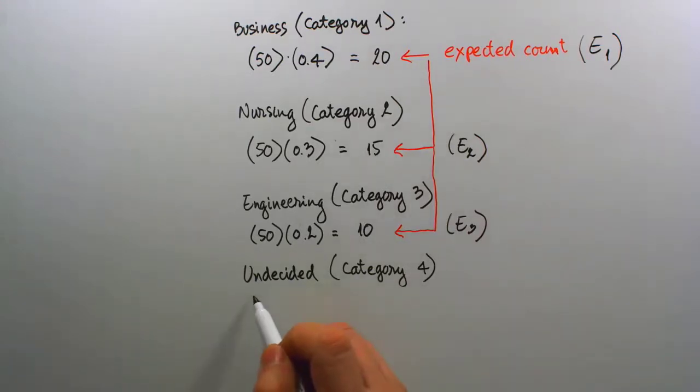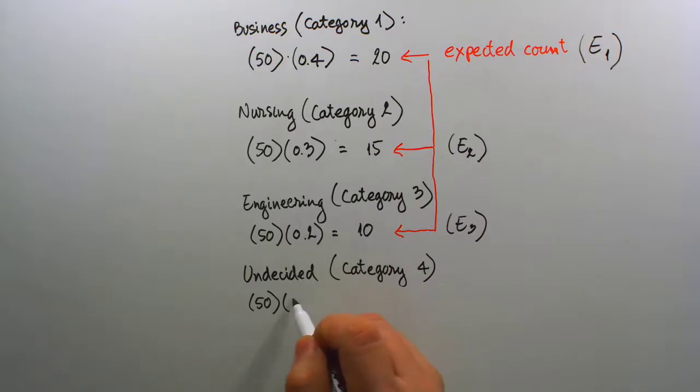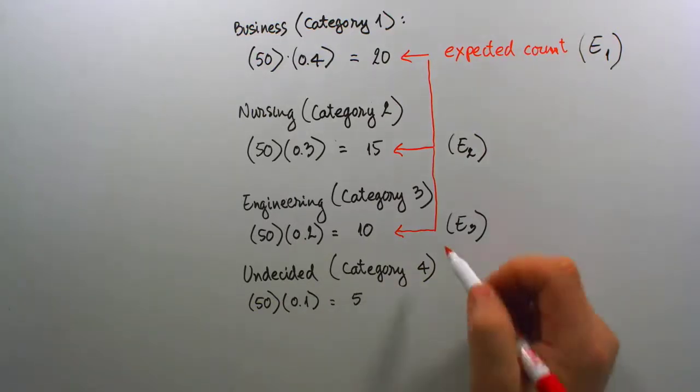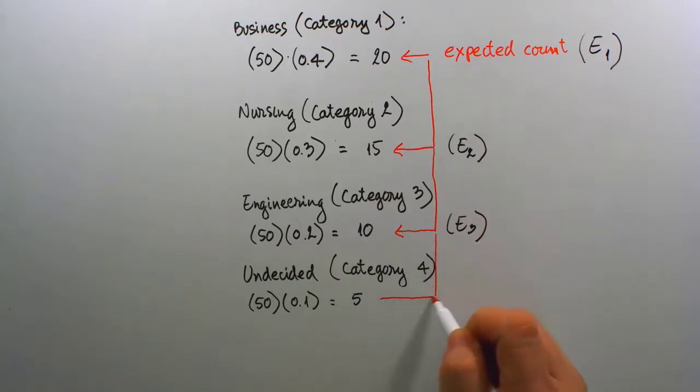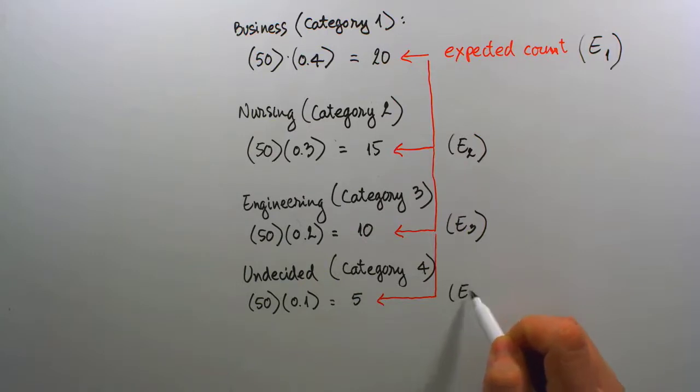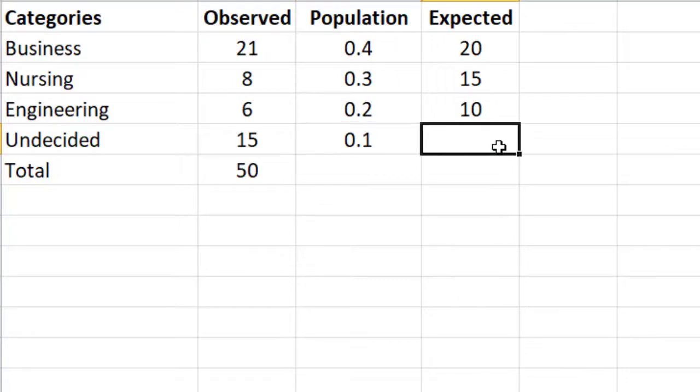Then I am expecting that in my sample of 50 students, about 10% of those should be undecided about their major, and that's why I multiply 50 with 0.1, and so it gives me 5 right here, and this 5 is referred to as another expected count, specifically for category 4, so I call that symbolically E4. And so let's now record that into the table.